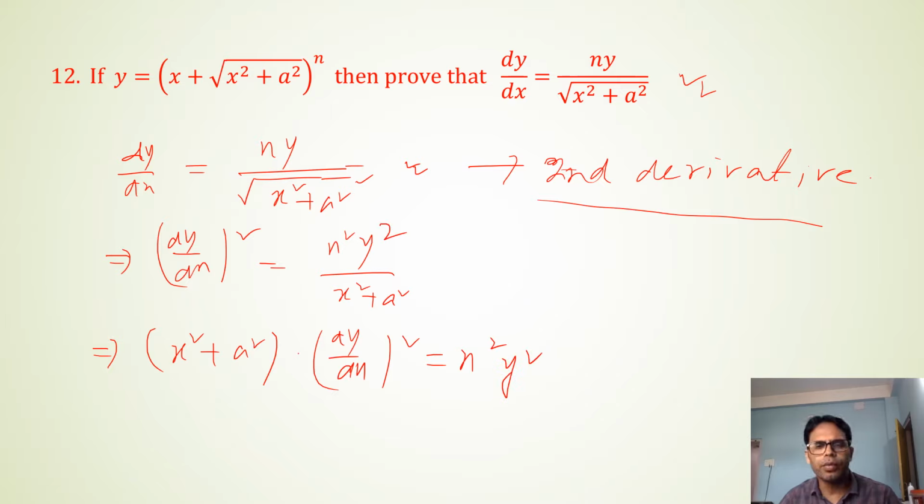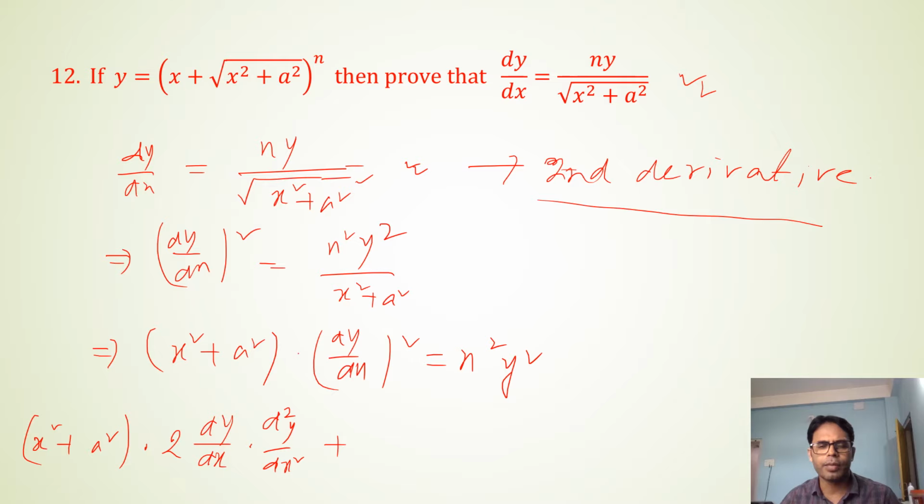Now if you take the second time derivative, then the left hand side will be simply x square plus a square remaining the same. Differentiation of dy dx whole square, the first 2 will come out, then it will be dy dx, then by chain rule the differentiation of dy dx, and that is the second derivative of y, that is d2y dx2 only, plus differentiation of the first one, with the second remaining the same.